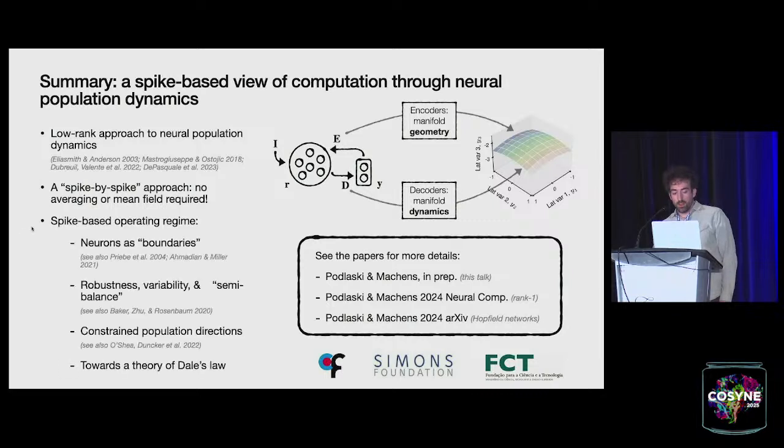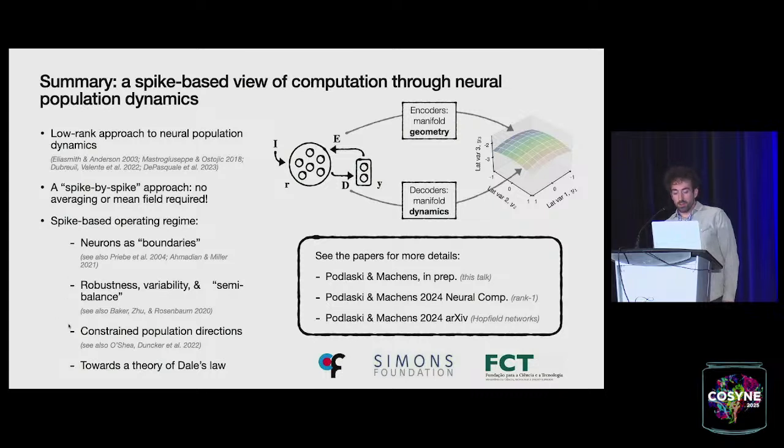And from this spike-based operating regime, we get some interesting relationships to biology, and I'll highlight a couple here. One of them is that we can think of neurons as boundaries. I think this is somewhat related to work in rate networks and thinking about neurons with steep non-saturating nonlinearities. I've already mentioned that we get robustness from this picture.